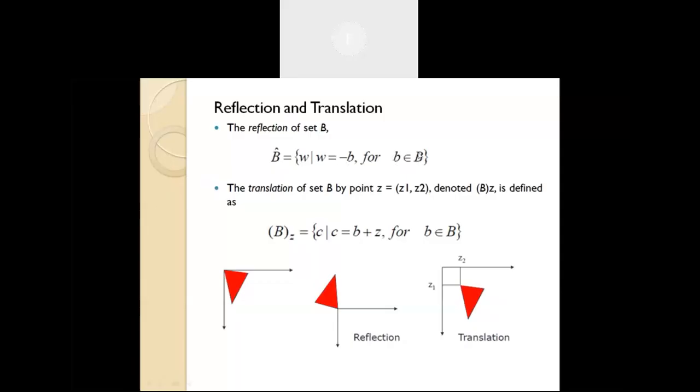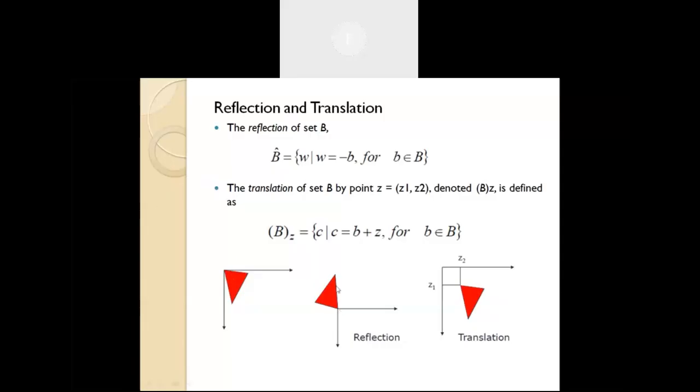Since this is a set of coordinates, multiplying the coordinates with a negative sign means that if I take this as the reference axis, and to the right in this area the coordinate values are positive, for example 2 comma 1, then reflection means this will become minus 2 and minus 1.